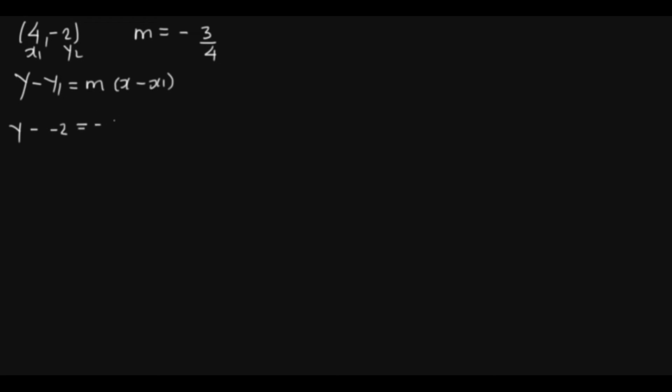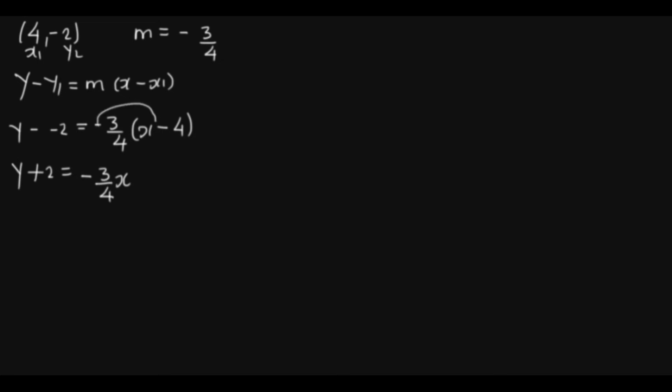Our gradient is negative 3 over 4. Our x1 is 4. So you can see negative times negative, we get positive 4. Now here, we are going to expand. So we are going to multiply negative 3 over 4 times x, which is negative 3 over 4x.